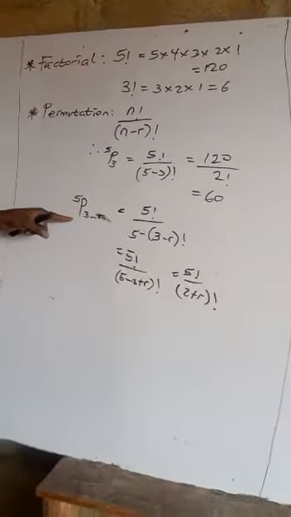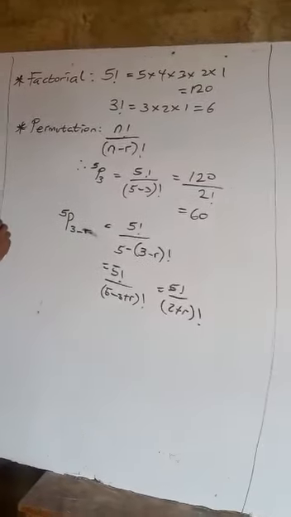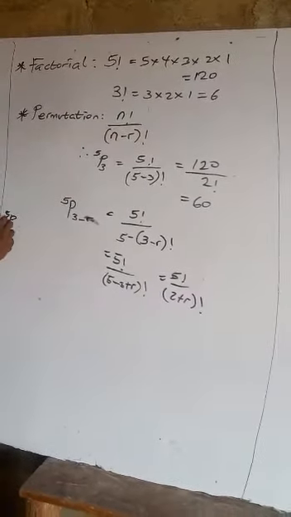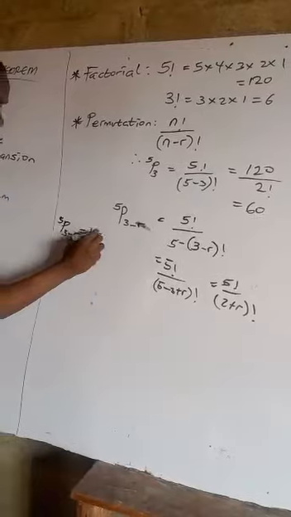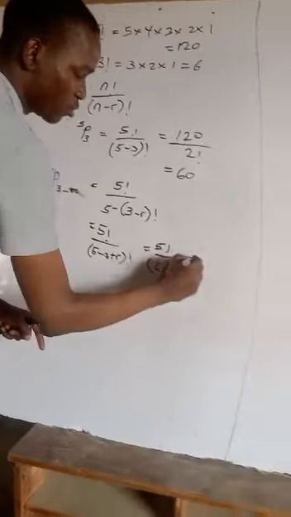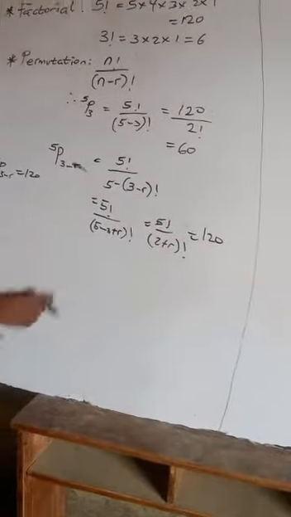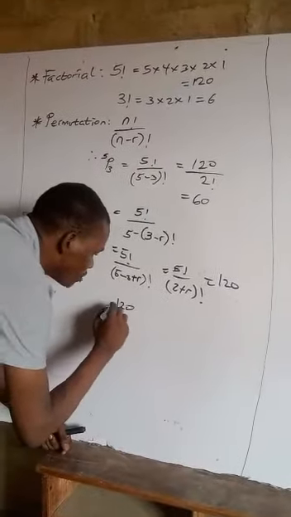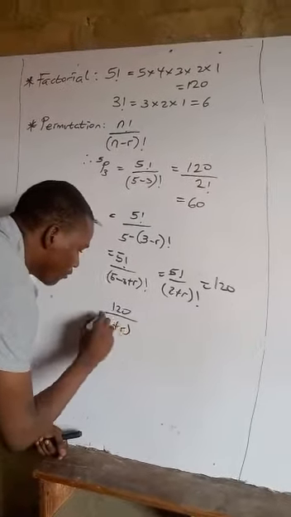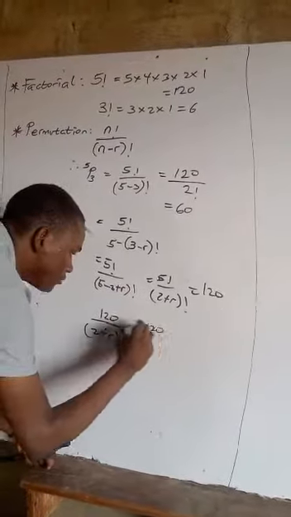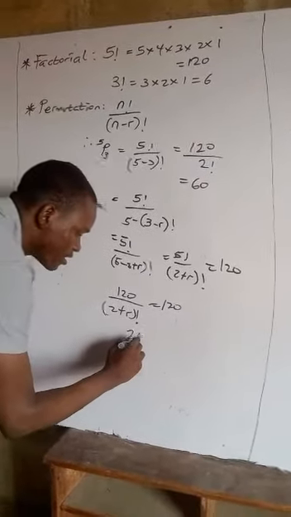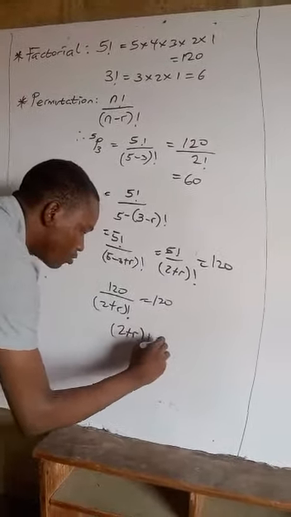So now in the question, it says if 5 permutation 3 minus r is equal to 120, this is equal to 120. And you know 5 factorial is 120, so 120 all over 2 plus r factorial equals 120. If you do your normal arithmetic, that's 2 plus r factorial equals 1.